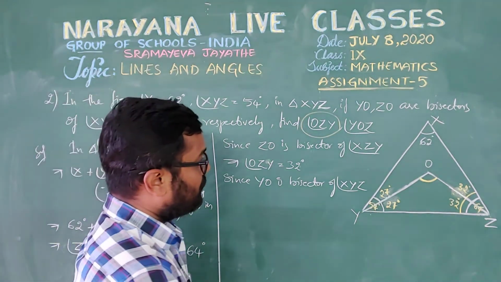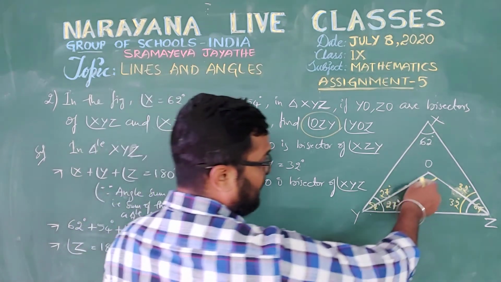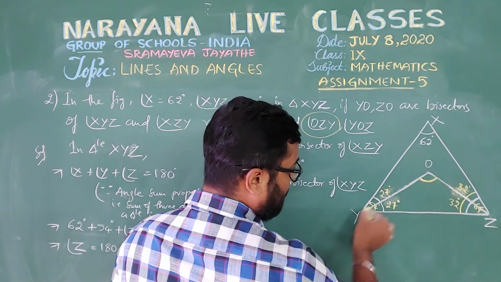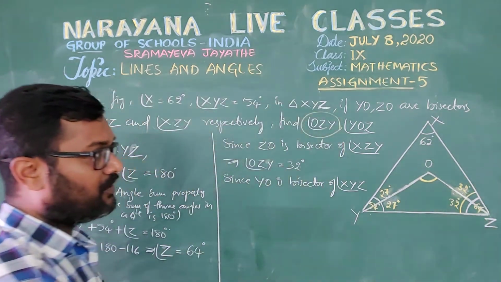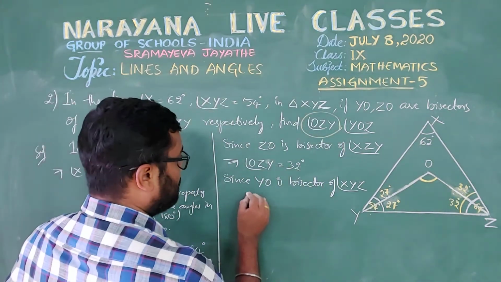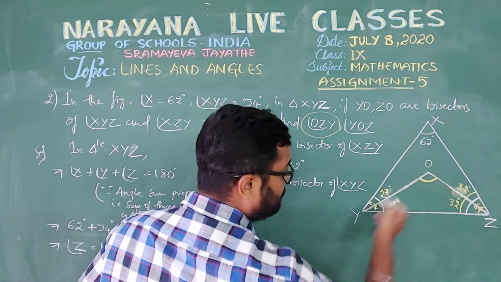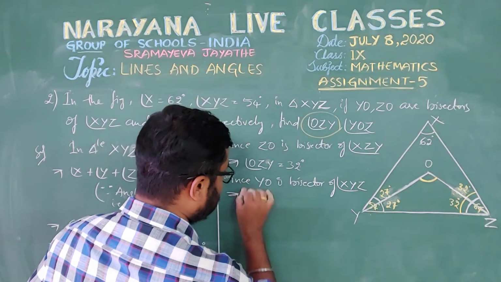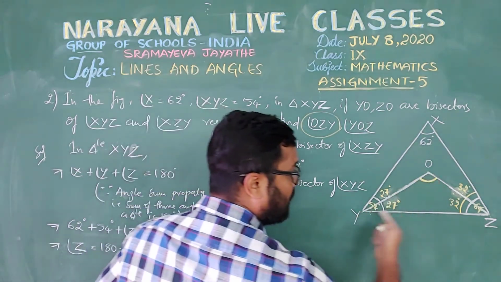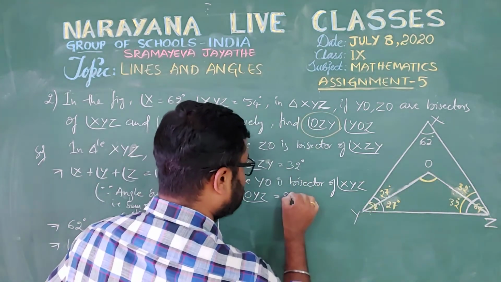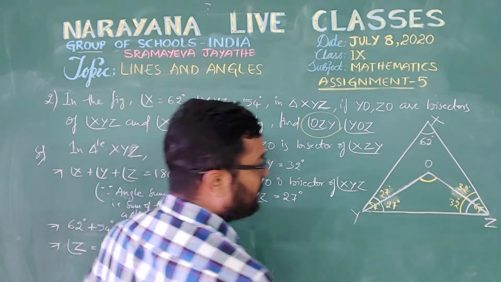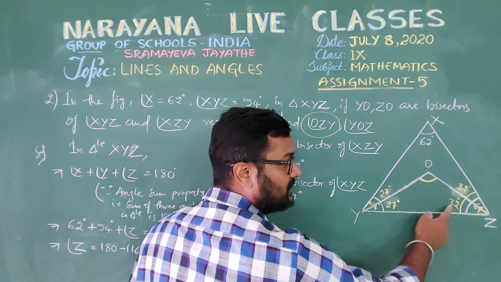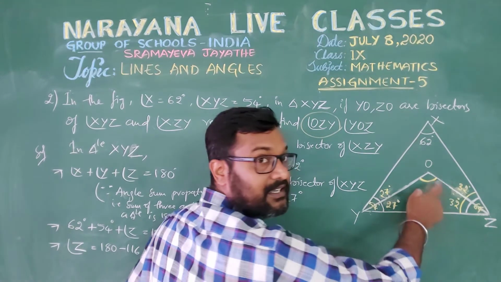So now, if you observe here, this triangle OYZ. Angle OYZ is equal to 27 degrees, isn't it? So here in this triangle, we know this angle and this angle. We need to find this angle, isn't it?